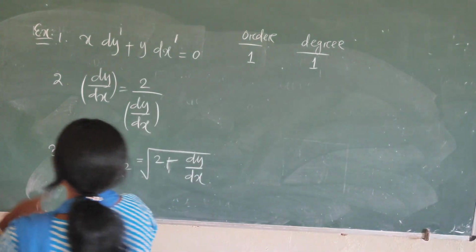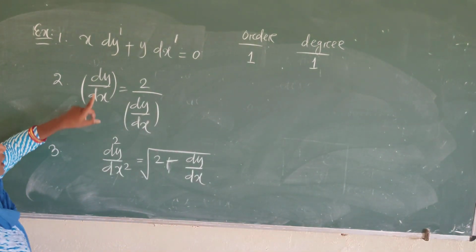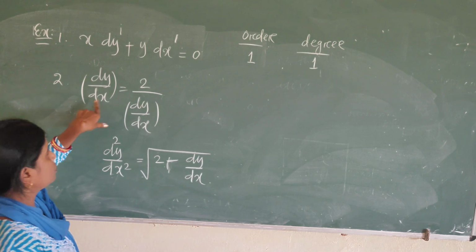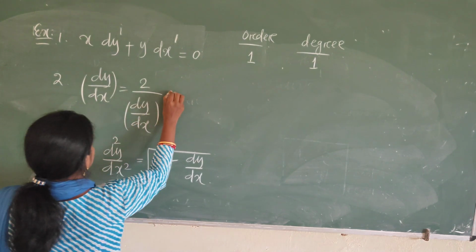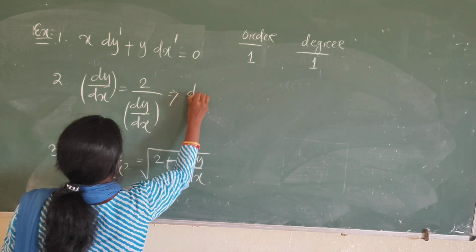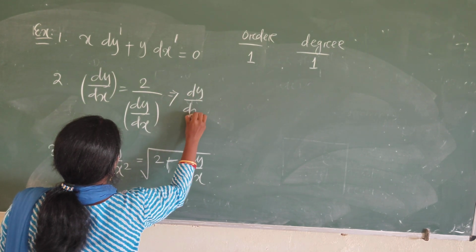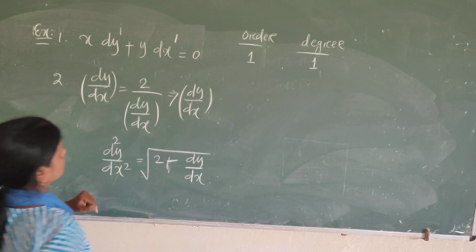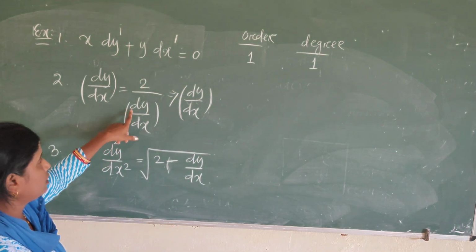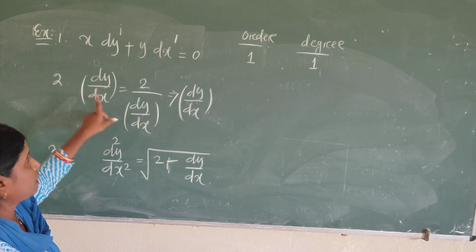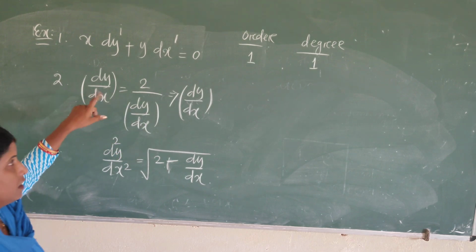Then I am going to second example, dy by dx equal to 2 by dy by dx. First we have to simplify this. How to simplify? Dy by dx in our right side, also here is a dy by dx, and we have to take it our left side.